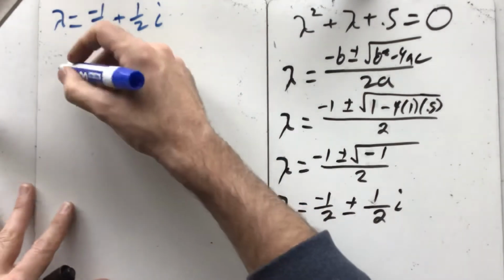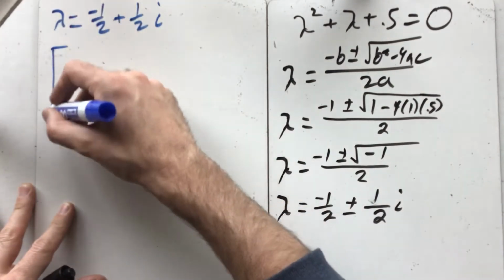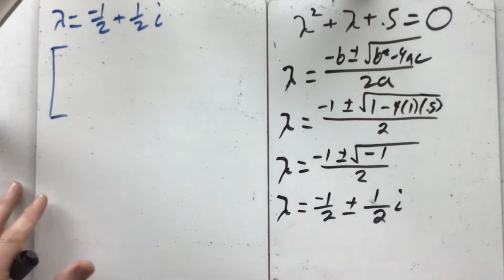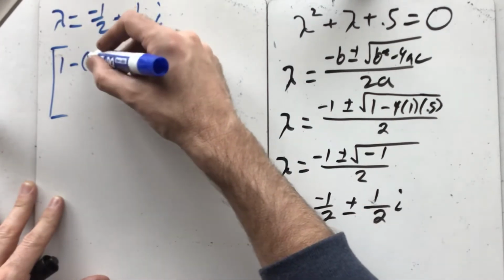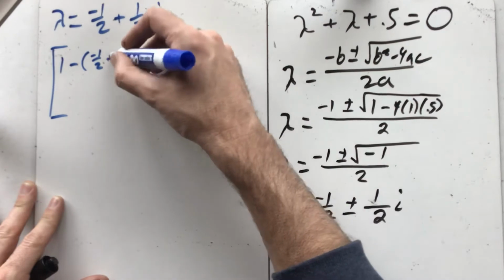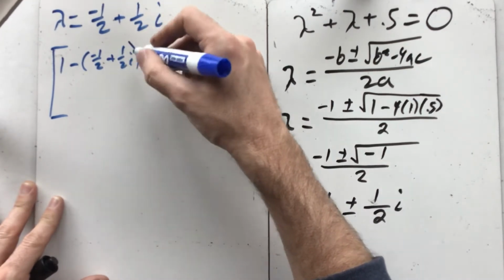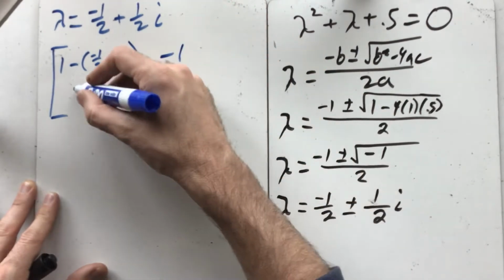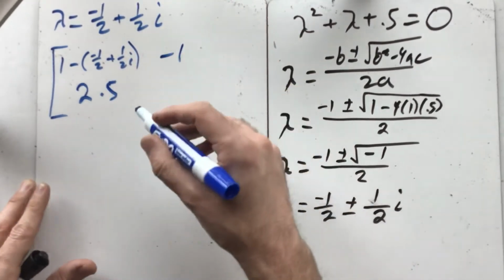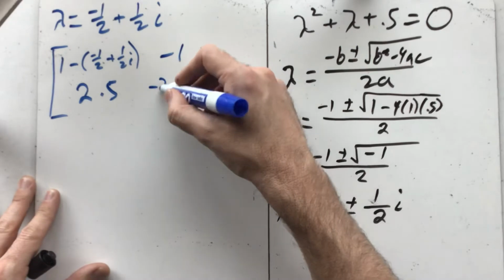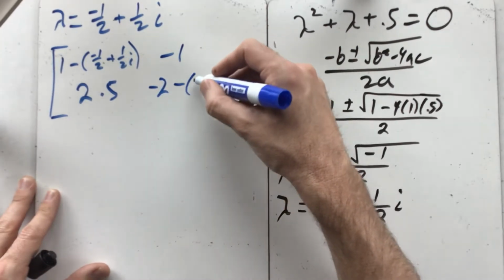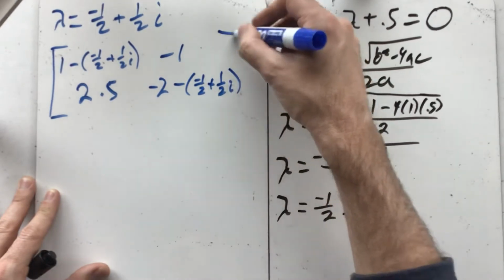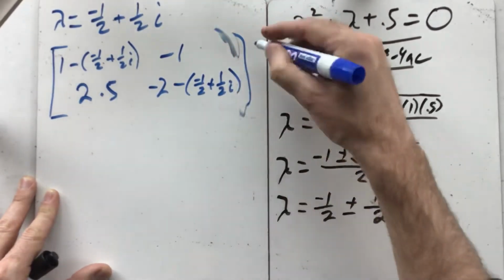That means my matrix will be A minus lambda, so that's going to be 1 minus negative 1/2 plus 1/2 i, and in this corner negative 1, 2.5, and then in this corner negative 2 minus negative 1/2 plus 1/2 i. And then we'll have our zeros over here.